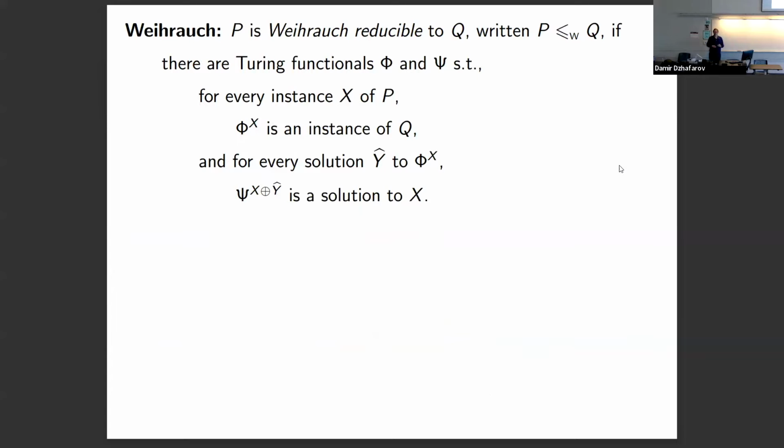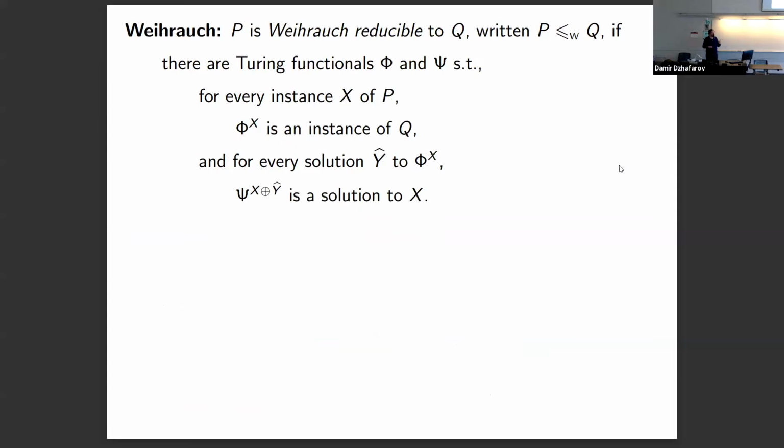Again, lots of words, but I'll draw the picture. Weihrauch reducibility was introduced in the 90s by Klaus Weihrauch in the context of computable analysis. If you've ever seen it, it looks a lot more complicated than this. It has these realizers and so forth. This is a special case of it that is much easier to deal with, but it is the same idea.